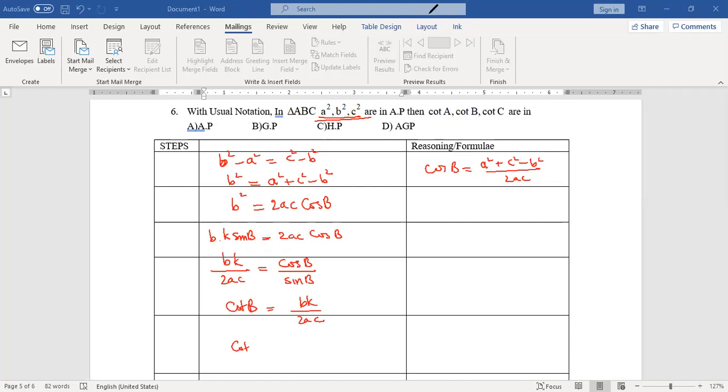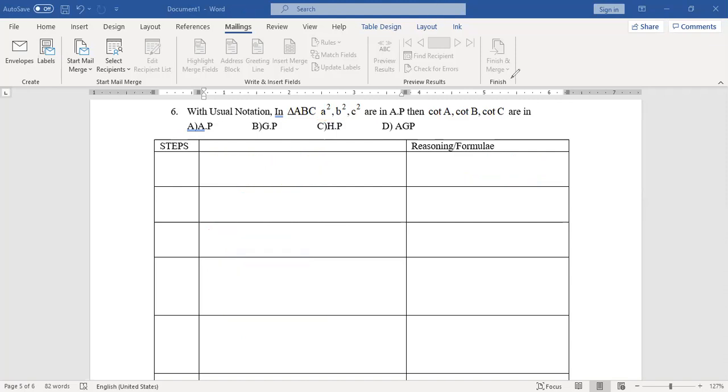Okay, so we'll not do that way. We'll do another way. Take the difference between cot B and cot A. Don't write, okay? Till I complete, don't apply. Cot B minus cot A, I'm going to calculate. I'm checking whether it's an AP or not.